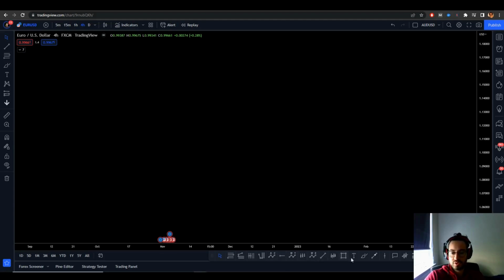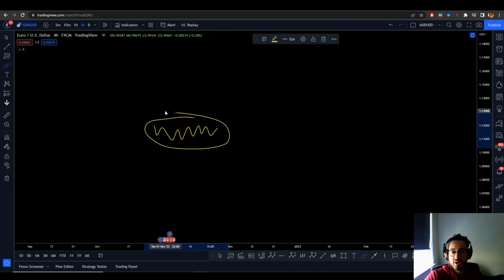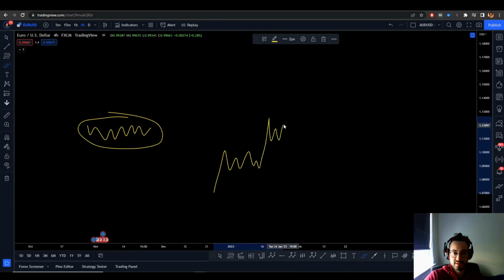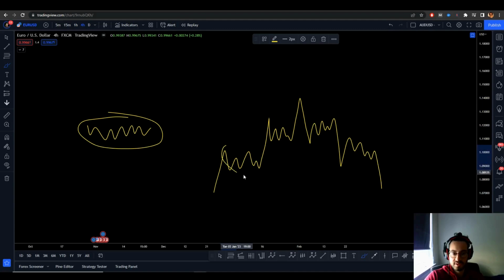So we always talk about consolidations and corrections, right? That sideways movement, when the price moves in waves like this. This is a consolidation or correction.